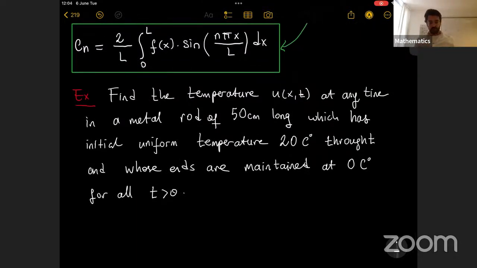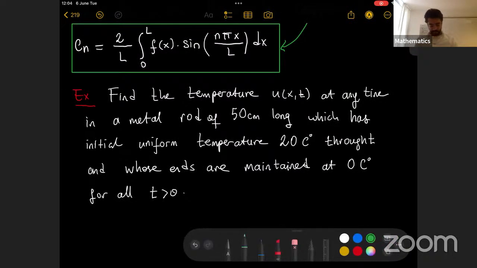So let's write the equation to model this problem.